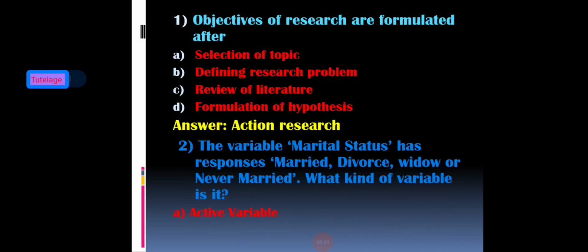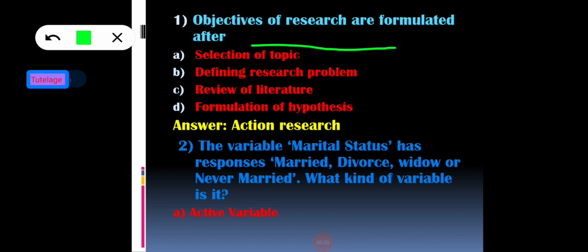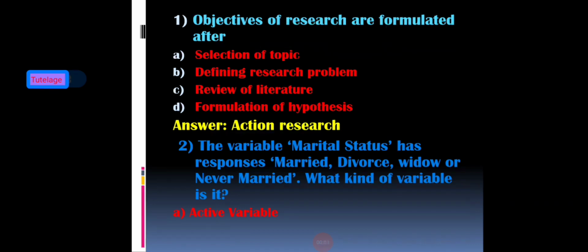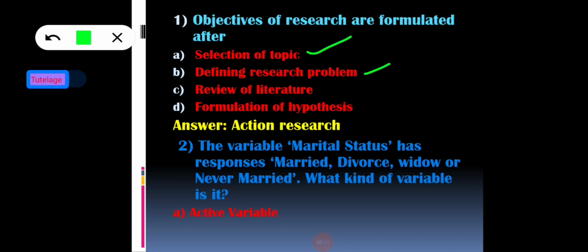Here we can see our first question: objectives of research are formulated after. Here we can see four options. The first option is selection of topic. Second option is defining research problem. Third option is review of literature.